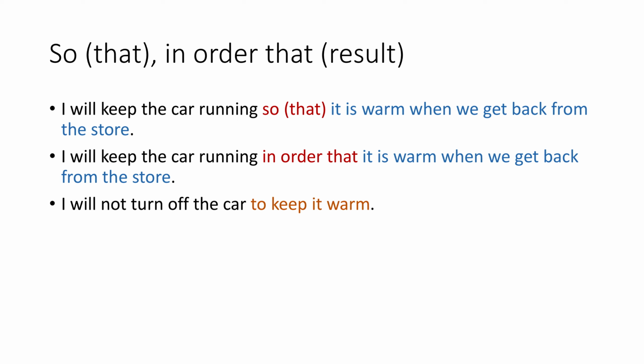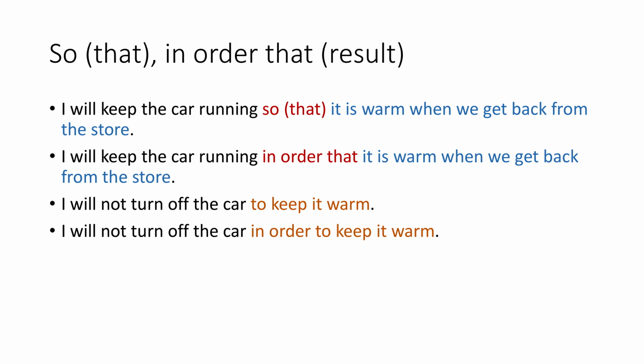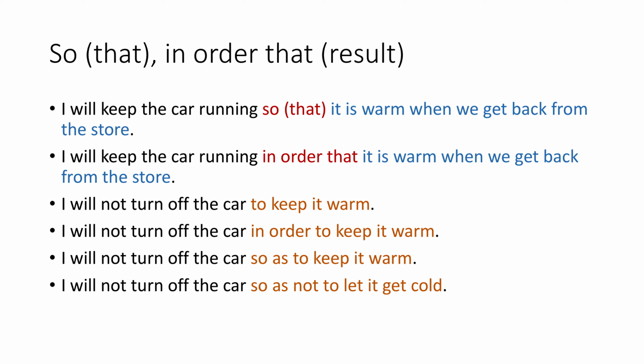In some books, you see that these structures that I've indicated with an orange color are also considered an adverbial clause. But I don't think they are adverbial clauses simply because they do not have a finite verb. Remember, a clause needs to have a finite verb, but the verb in all of these dependent clauses is in infinitive form. So to keep is the verb of the dependent clause.